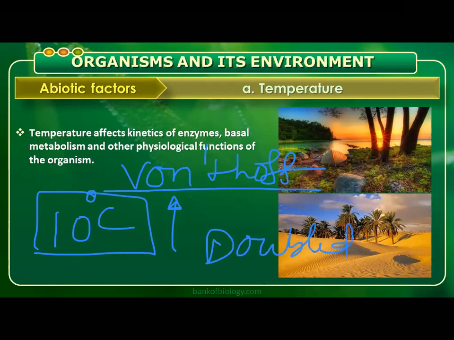So temperature definitely has an effect on the body's metabolic activities. That's what the line says: temperature affects kinetics of enzymes, basal metabolism and other physiological functions of the organism.